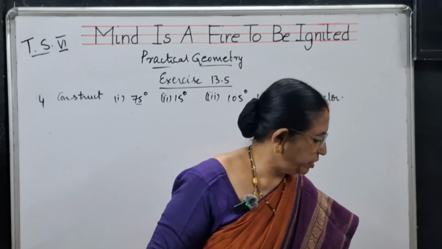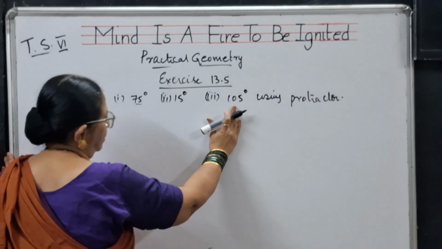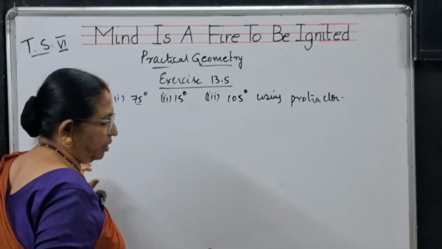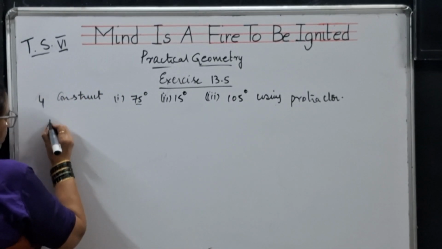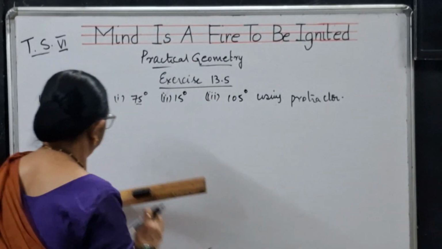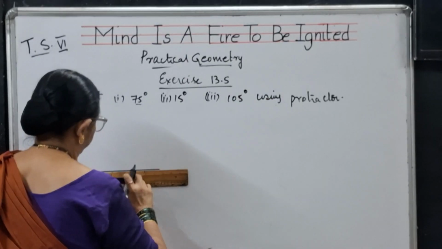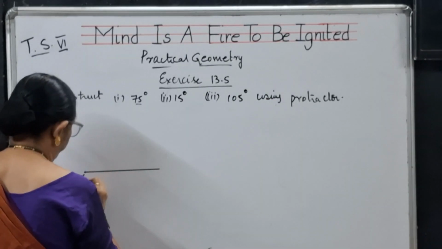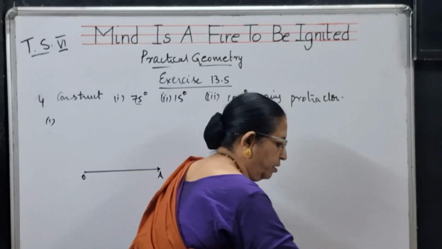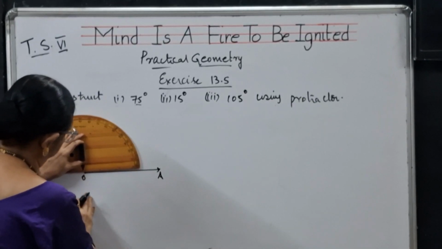Now the fourth question is, same constructions 75 degrees, 15 degrees and 105 degrees. You have to do the constructions by using protractor. So one by one we will do. First 75 degrees. So let me draw. This is O and A ray. Then using your protractor, 75 degrees at O you keep.